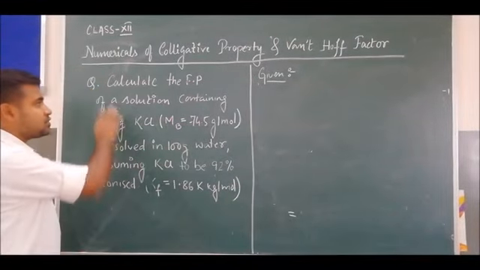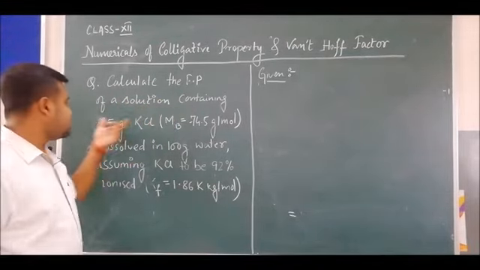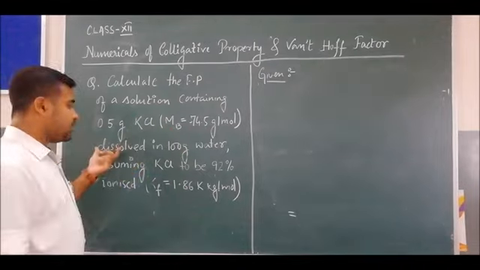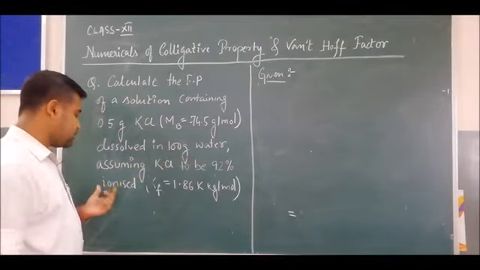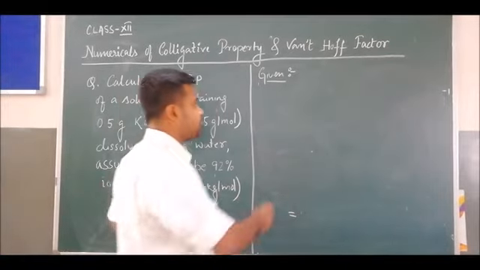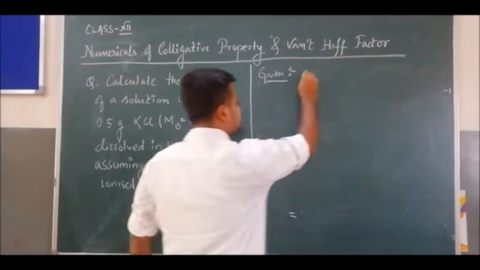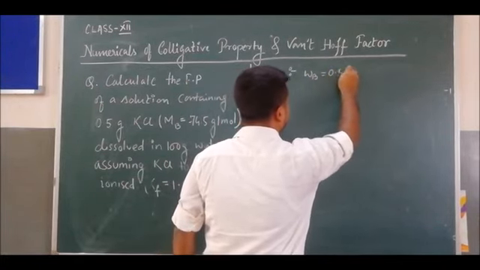So the first numerical is: calculate the freezing point of a solution containing 0.5 gram of KCl, molar mass of KCl given, dissolved in 100 gram of water, assuming KCl to be 92% ionized. What is given in the question? The first thing is WB, the mass of the KCl, that is 0.5 gram.